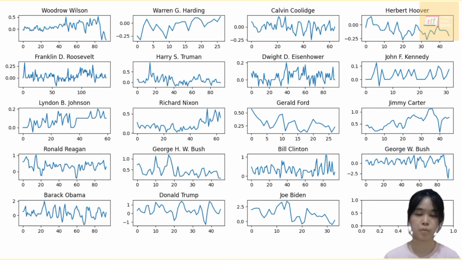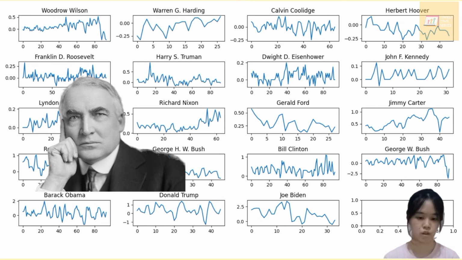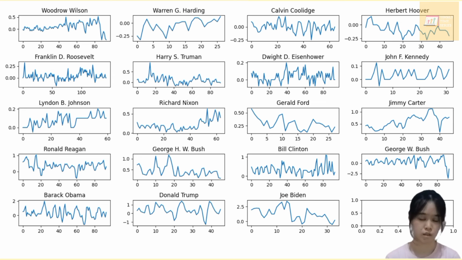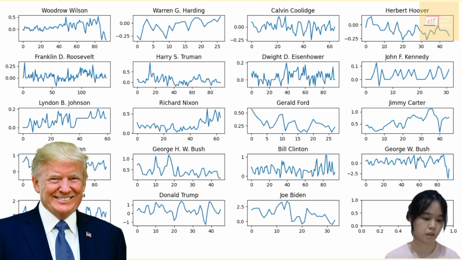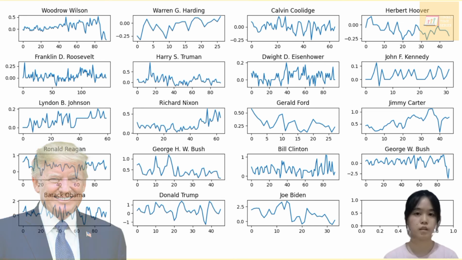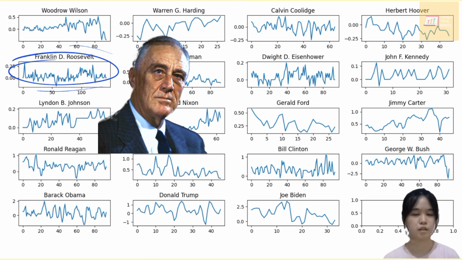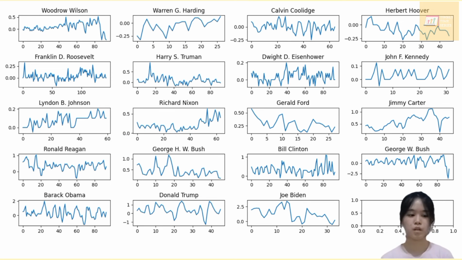Some of them were president for only 2 years, like Warren G. Harding and John F. Kennedy. Some were president for 4 years, or 1 term, for example Donald Trump. Some have 2 terms, like Barack Obama. And Franklin Roosevelt here is the only one who was president for more than 2 terms. Yeah, so we have a lot of variety here.